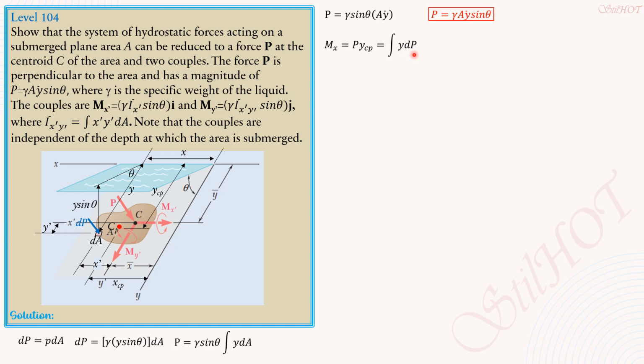Substituting the value of dP, this is the differential force and its distance from the x-axis is y, replacing dP by gamma sine theta y dA.